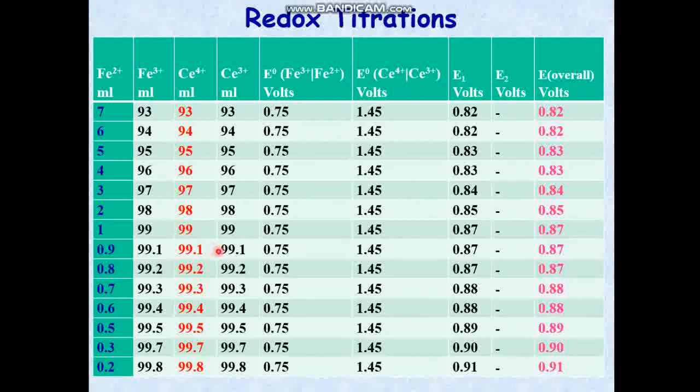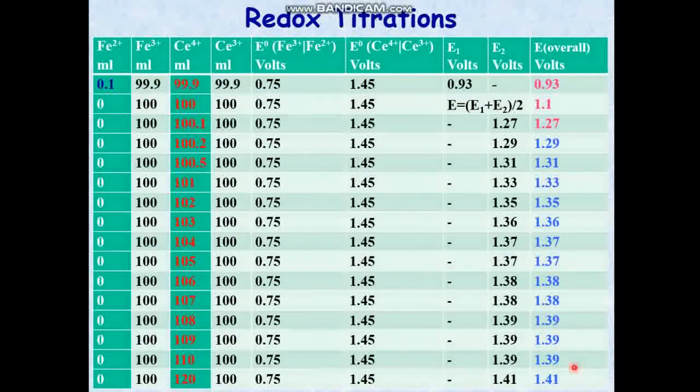You find here from 99 to 99.8, then 99.9. Since the addition has been distributed into smaller parts, the change in the value of E1 or overall E is well reflected, so we can detect at what speed it is increasing.